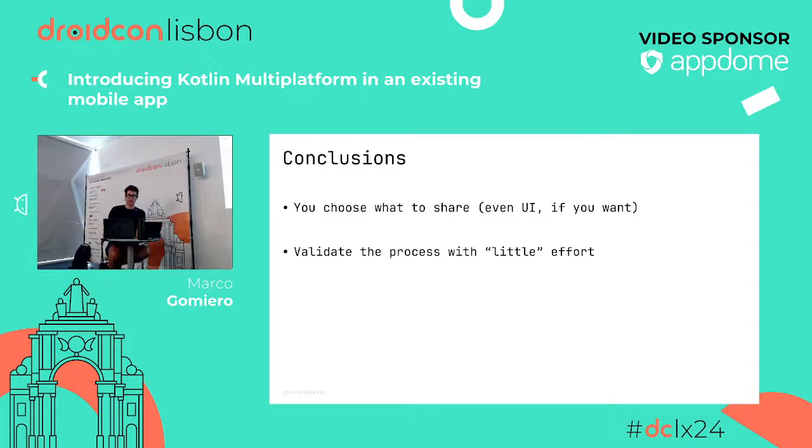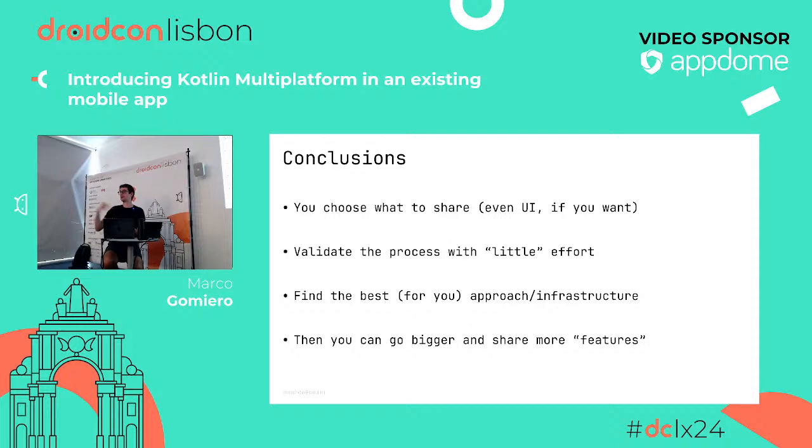So I suggest you do this process with little effort. So you don't write the entire network layer first and then figure out how to use it, because it's not going to work. I mean, it could work, but in case it won't, it's going to be a bit of a headache. But yeah, once you've found your perfect approach and infrastructure and how your team works, then you can go bigger and you can scale things up.